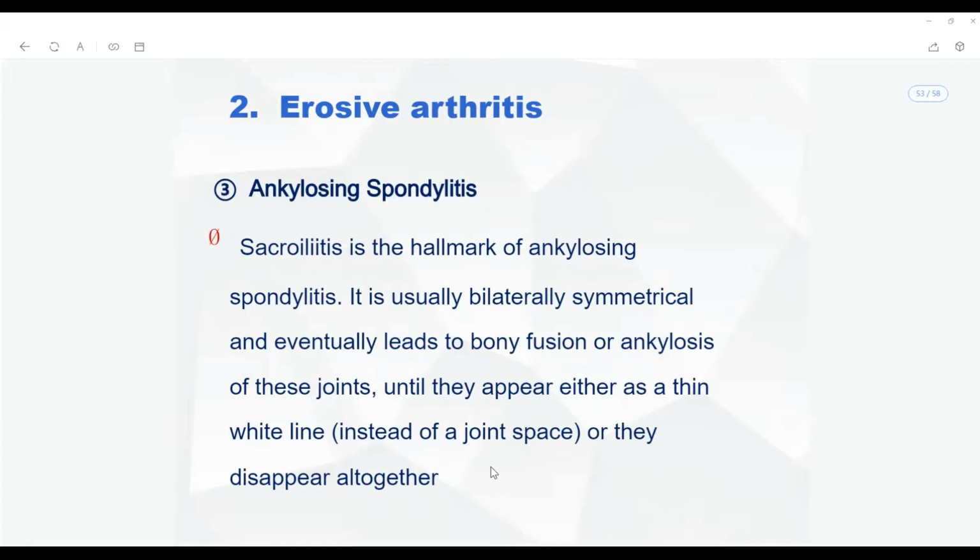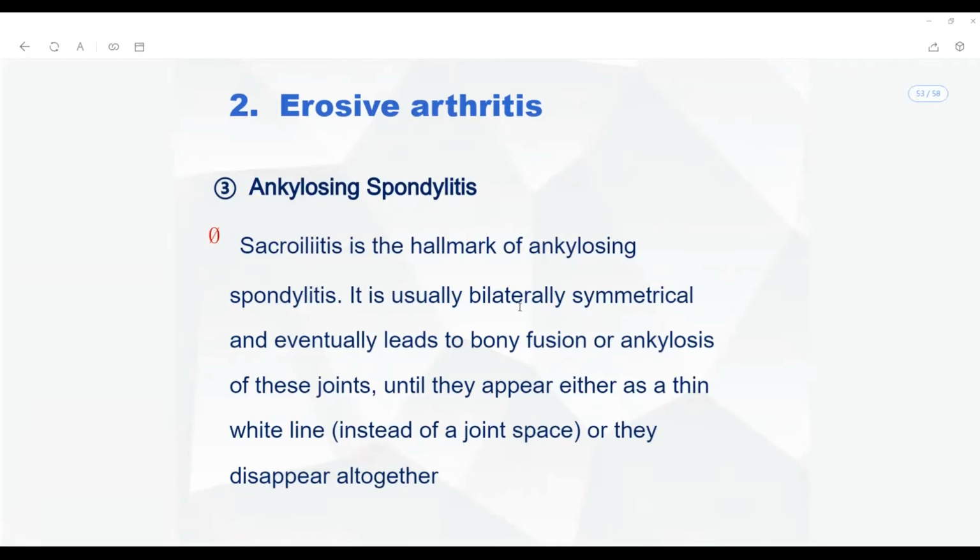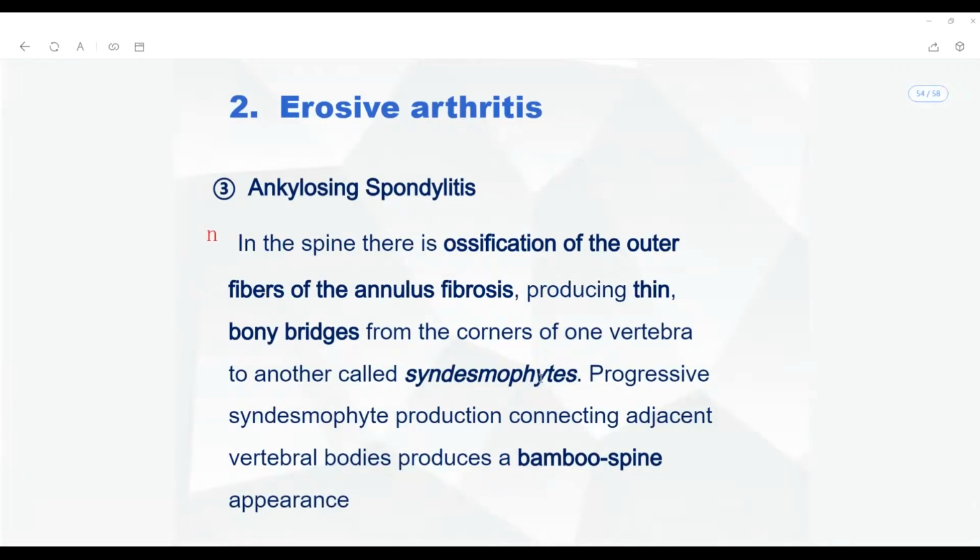And if it is going to happen along the facets of the spine, it is going to cause a typical appearance, the syndesmophytes, which is the forming of bony bridges between the corners of the vertebrae.